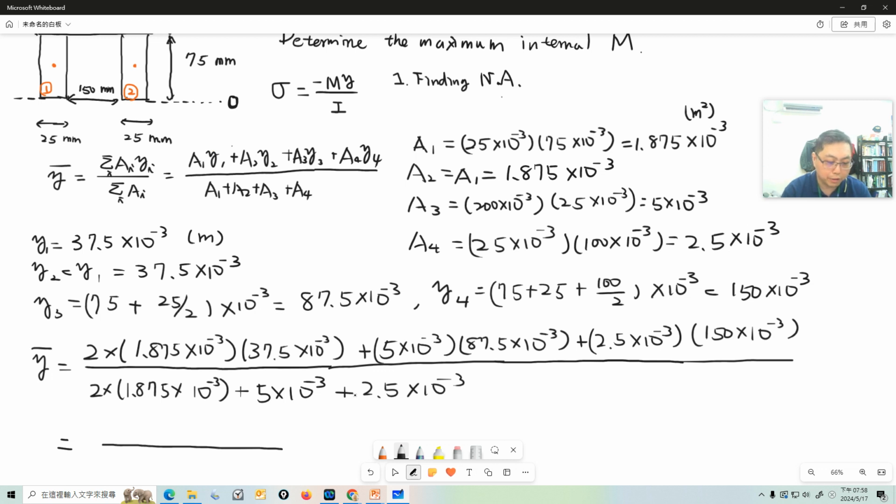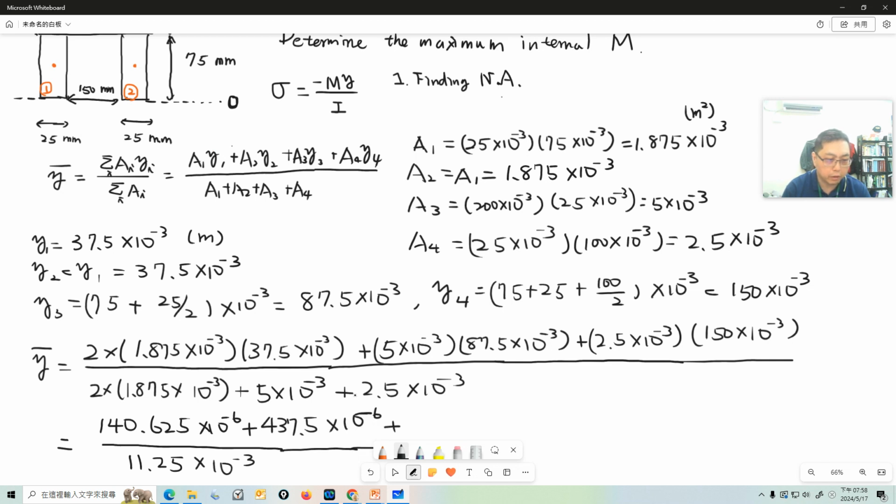I believe my notes are correct. So the denominator is 11.25 times 10 to the power minus 3. And the numerator is 140.625 times 10 to the power minus 6, plus 437.5 times 10 to the power minus 6.